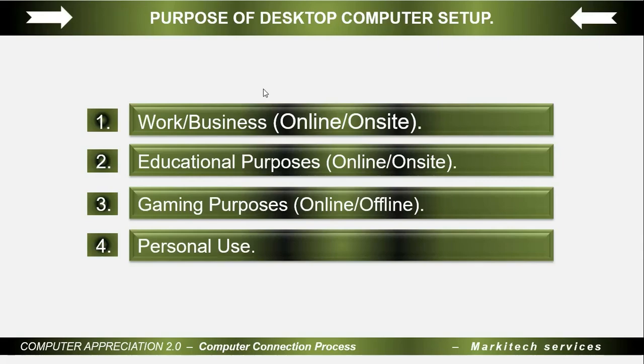Then on site, I have a place where I'm doing the same work and people come to learn, people come to do services with me, do printing and a lot of things. This is why you need to set up your desktop computer for work or business purposes.